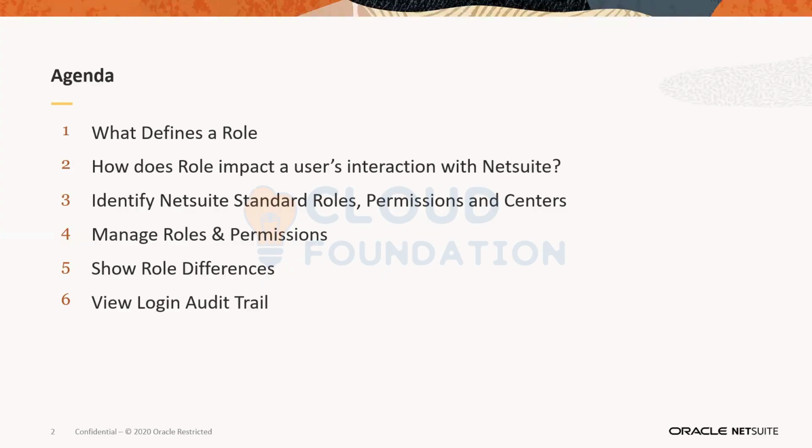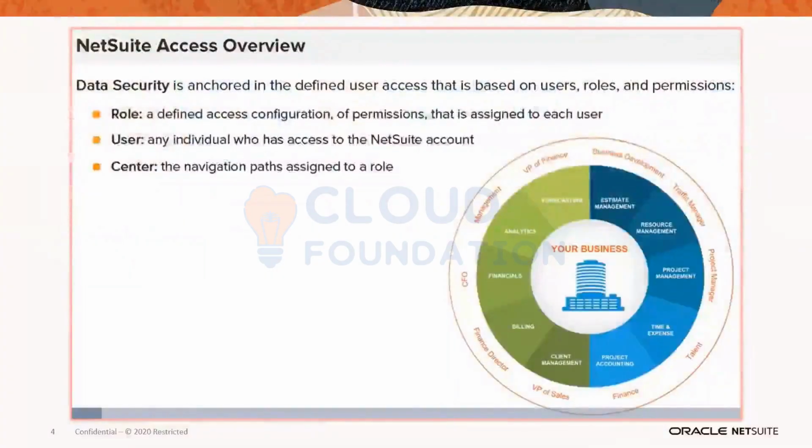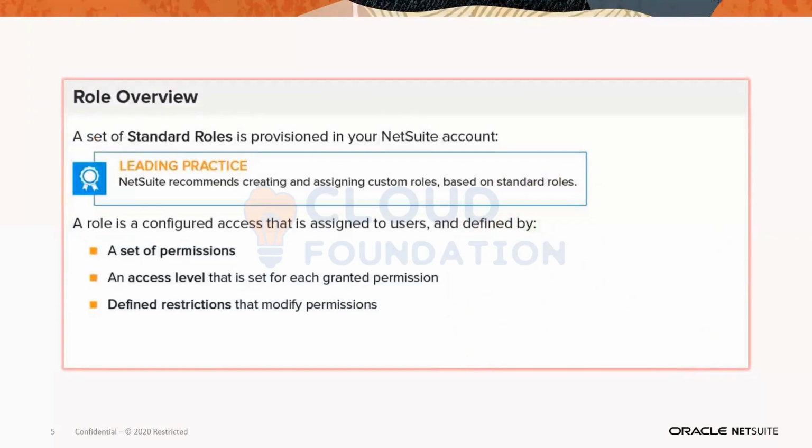We have already discussed all these things on NetSuite, but I just wanted to present it again. So a role is actually defined access, a configuration of permissions. Who is the user and employee? What is the center? The navigation paths assigned to a role are called the center. So a set of permissions and access levels define restrictions that modify functions.